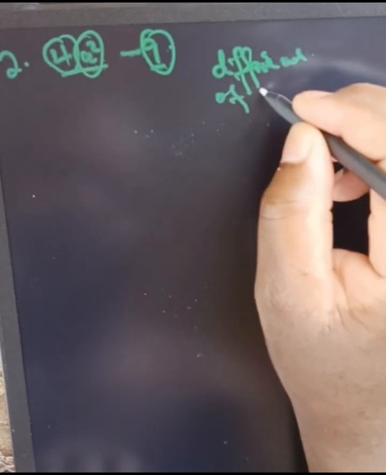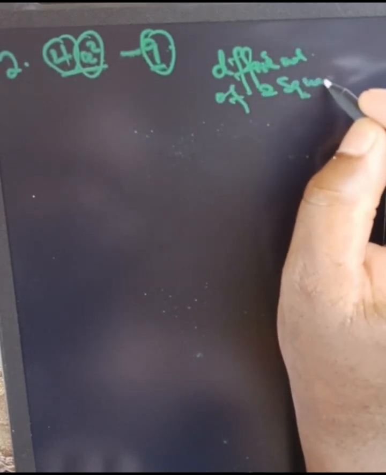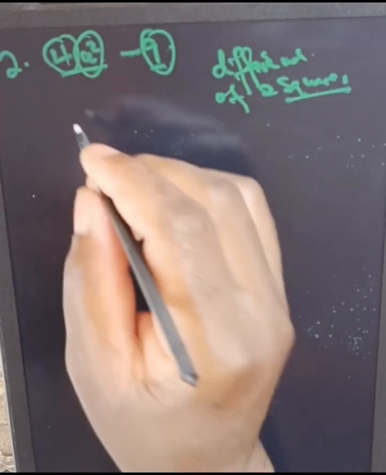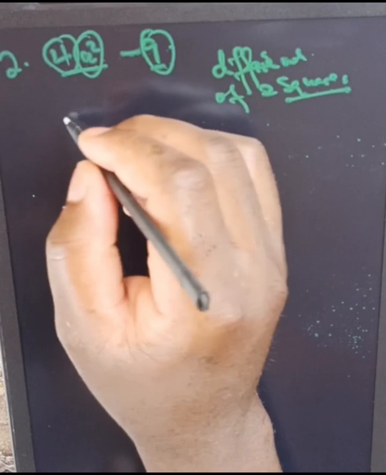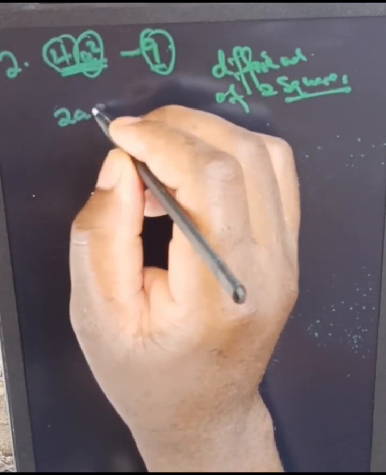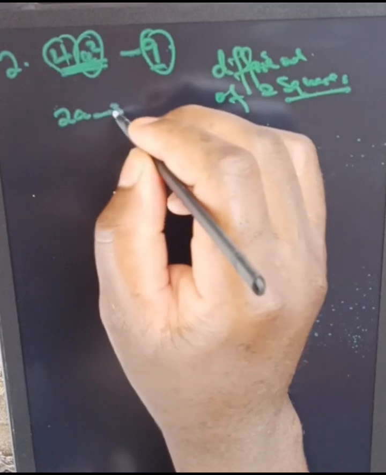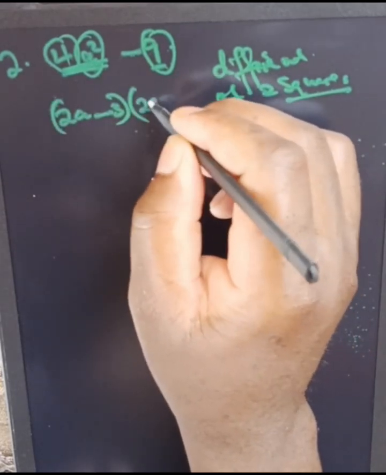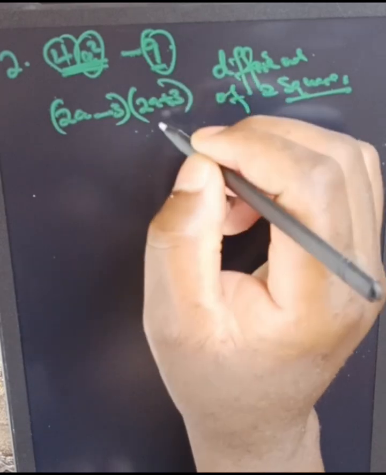We're going to open two brackets, open, close, like this. What you need to do is to find the square root of 4a squared, which is 2a, then for 9, which is 3. So I'm going to write on one side positive, on the other side negative.